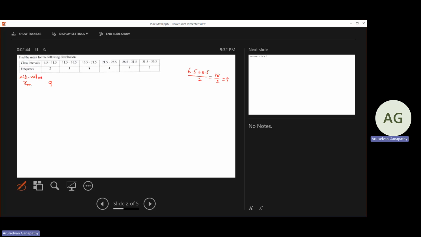So we get 9, and the difference between the upper limit and lower limit, how much? 11.5 minus 6.5, which is 5.